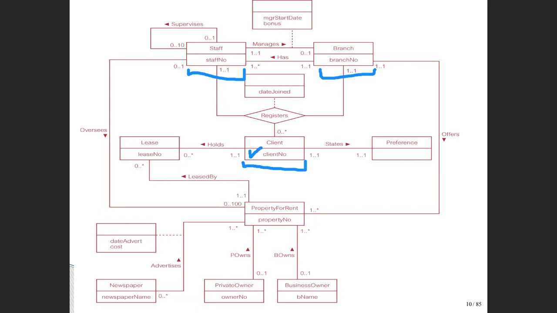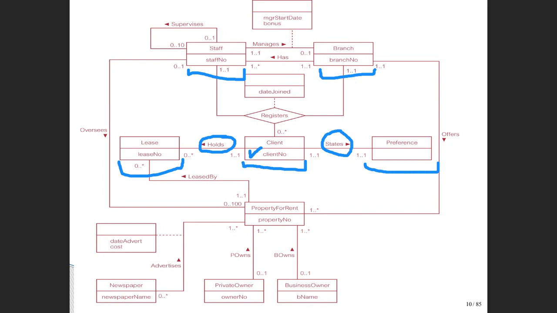At the same time, the client will state a preference. This is a relationship, and preference is another entity, called client preferences. Also, the client will hold a lease. This is another entity, and hold is a relationship. Got the point?